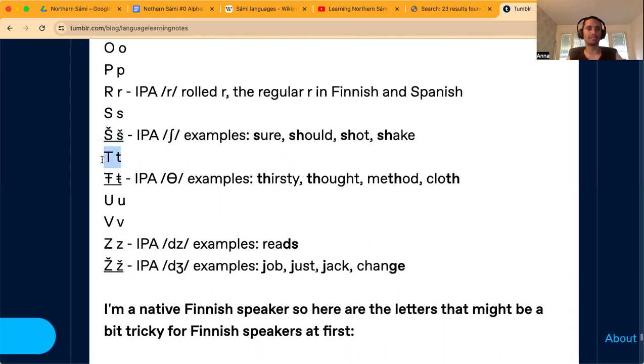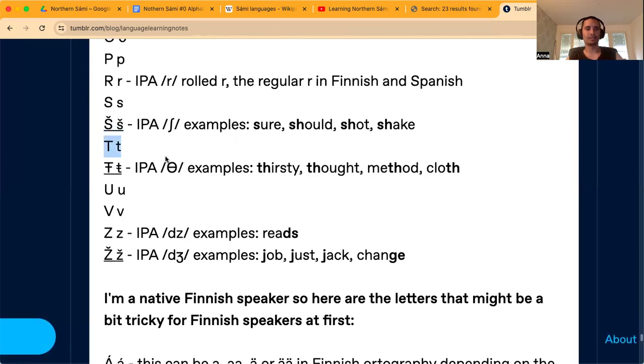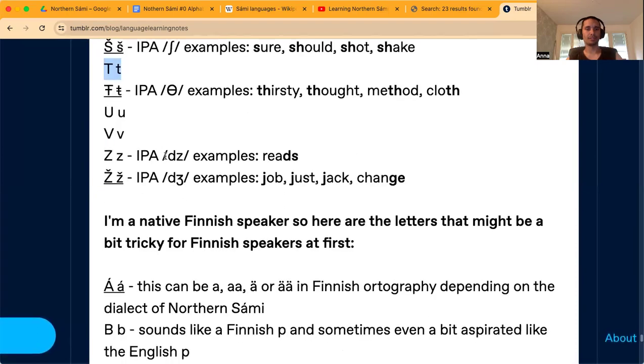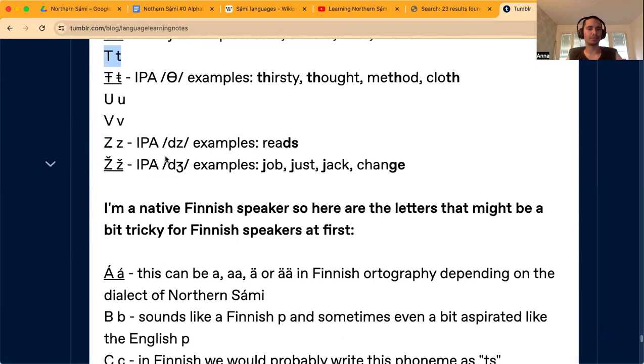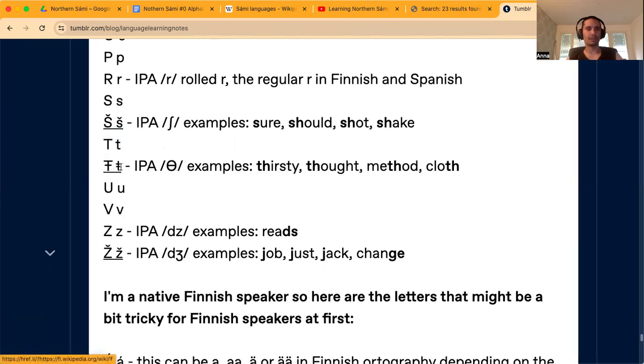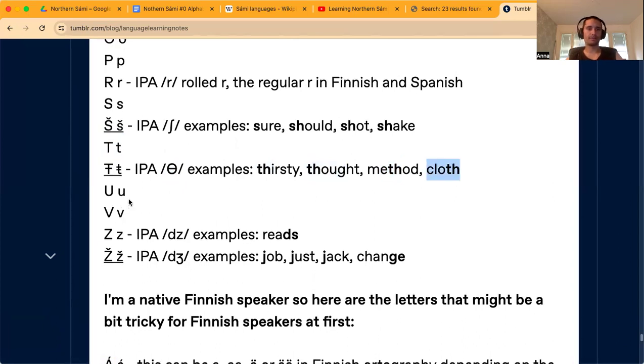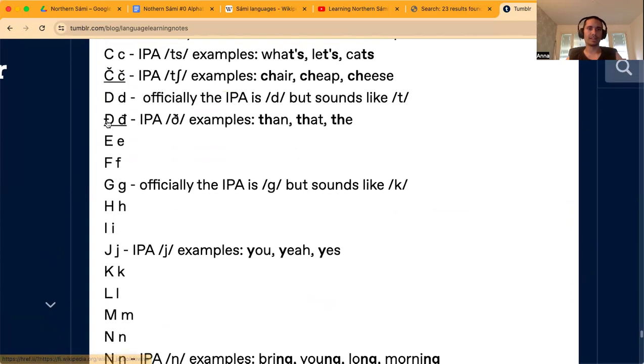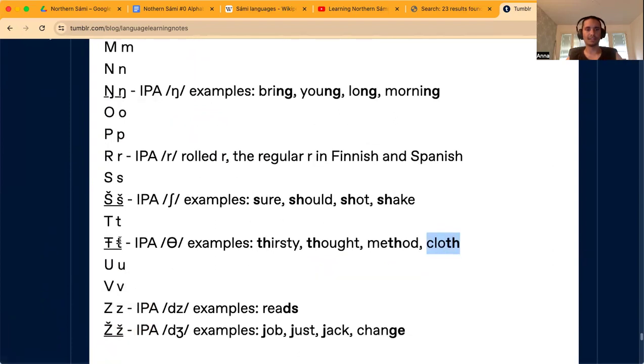T, T is usually, okay, I have here some notes afterwards. Let's go through them in a while. Th, this is th, like thirsty, thought, method, cloth. So this was a the, and this is the.